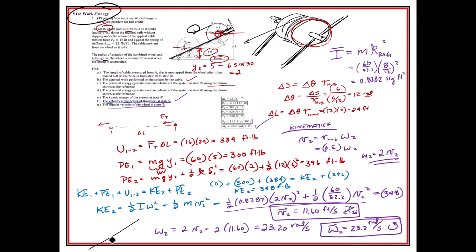If we're on a slope right here, and there's the hub, and here's the wheel, we know the point of contact without slipping is going to be the instantaneous center of rotation when it comes to a wheel. So we can confirm that it has to be going counterclockwise. Make sense?